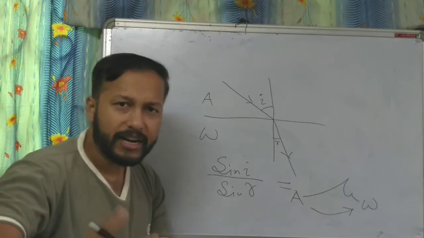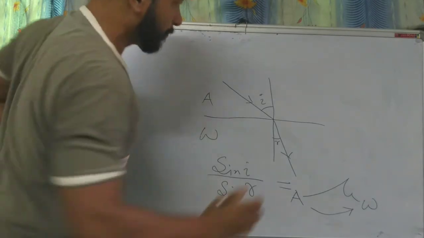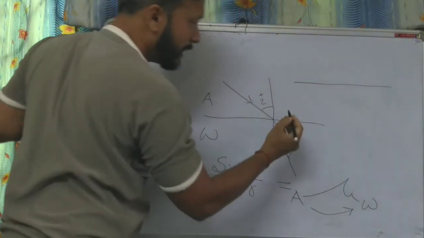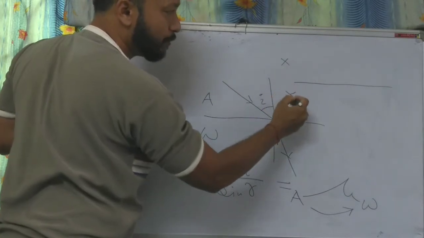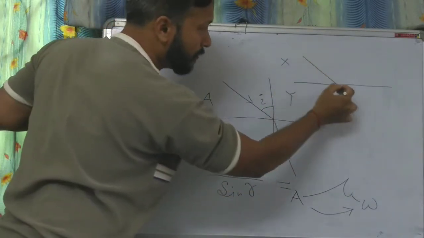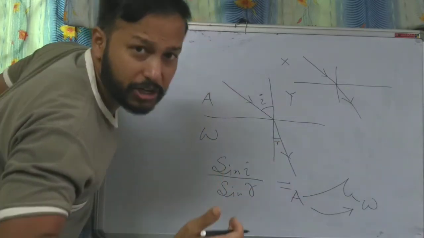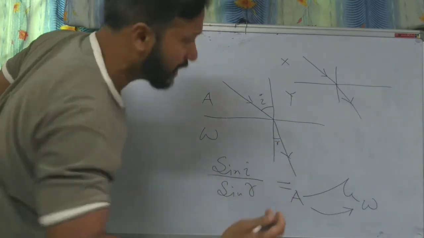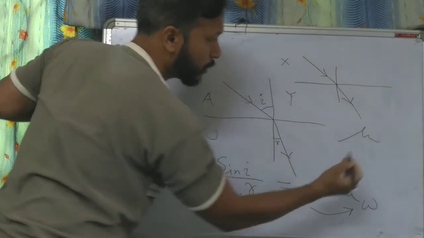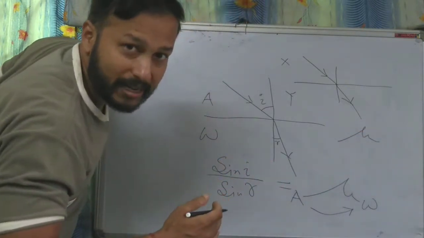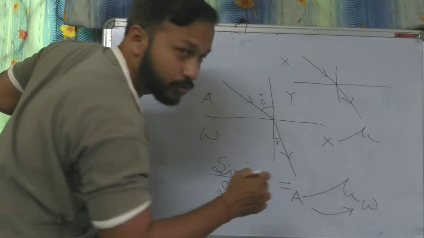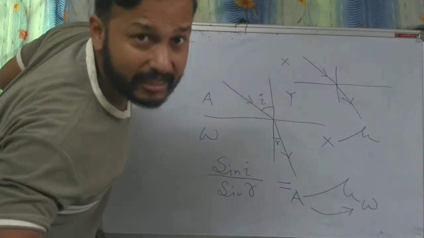Now if I discuss in some other way, say this is medium X, this is medium Y. Light is going from X to Y. So how does this refractive index have to be written? From which medium is light coming? X, so I'll write X here. Which medium is light going to?